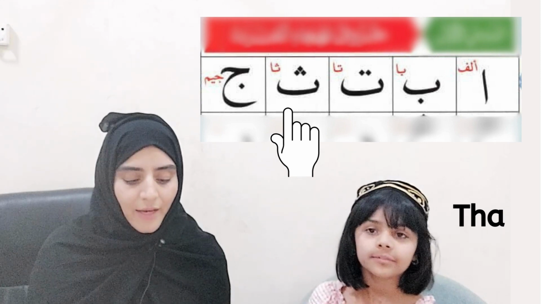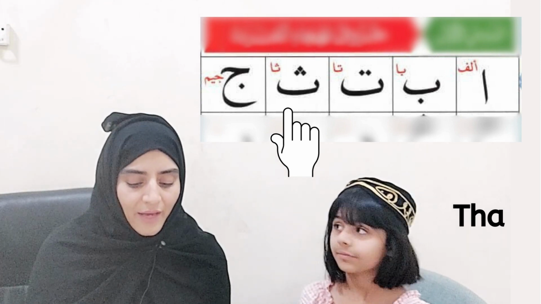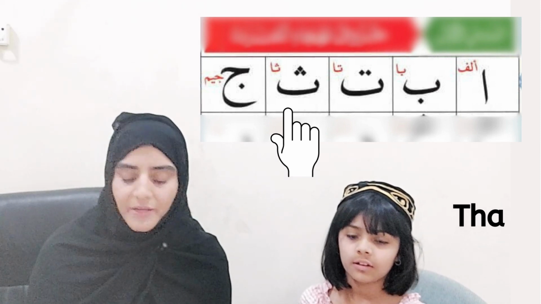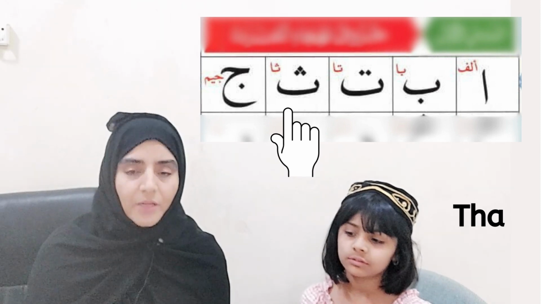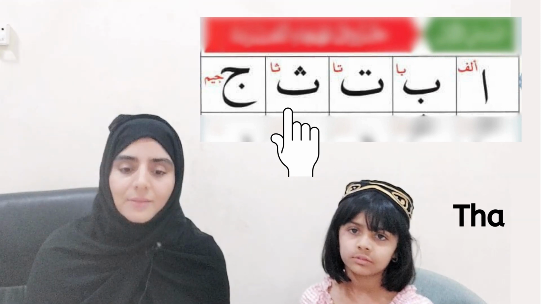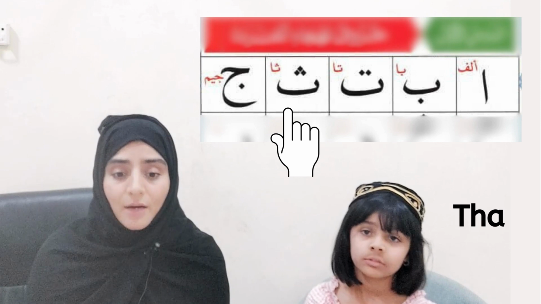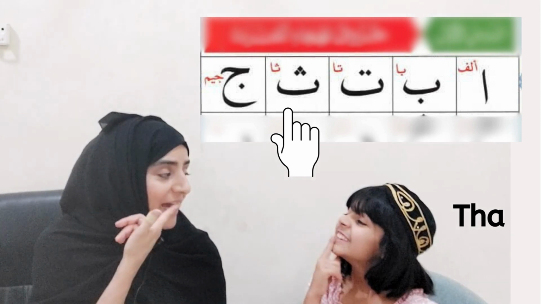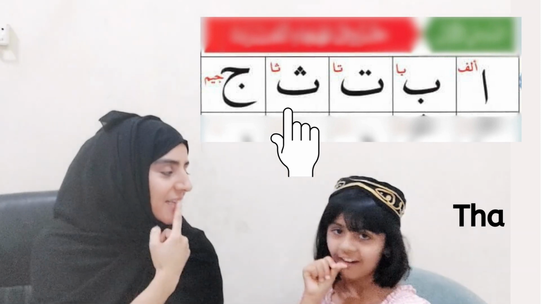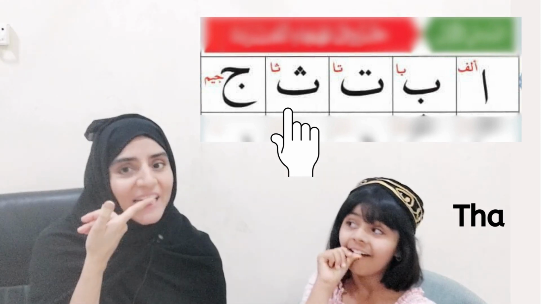Tha. Tha looks the same in shape as ba and ta. It just has 3 dots. The tha sound comes when the tip of the tongue touches the edges of the upper 2 front teeth. These ones, just under here.